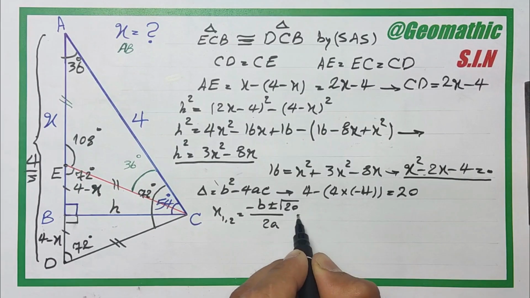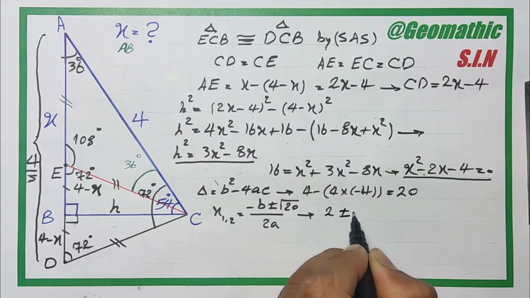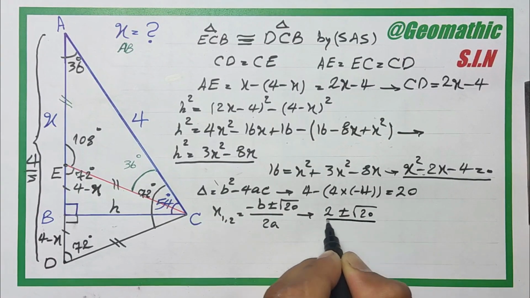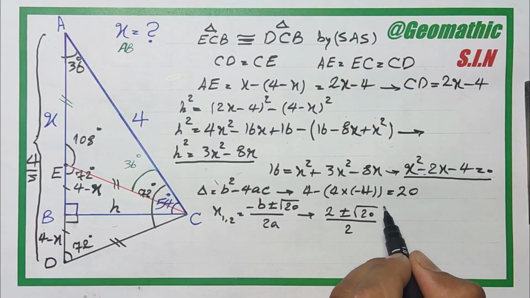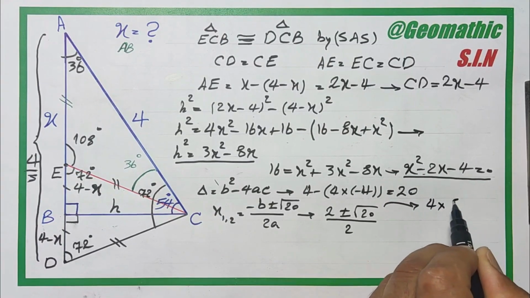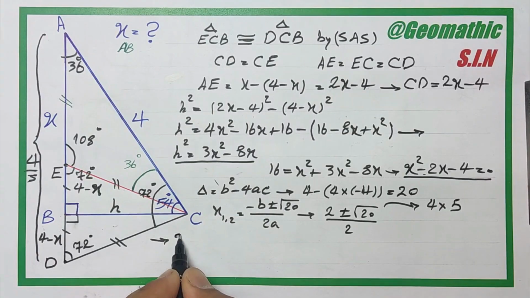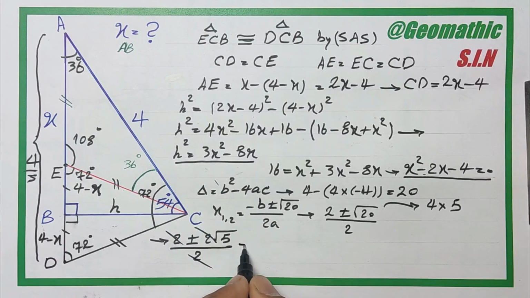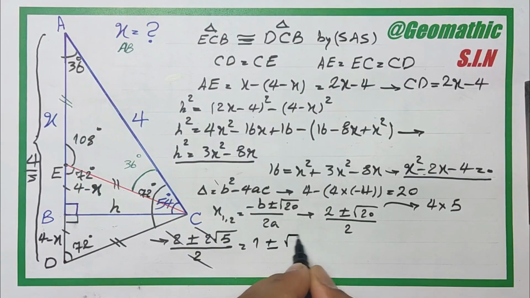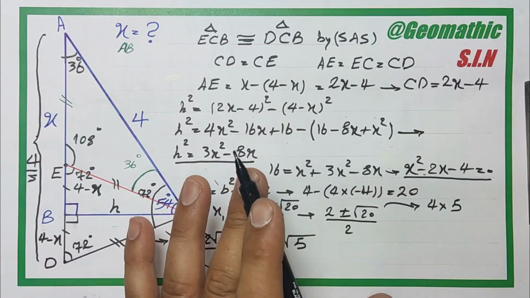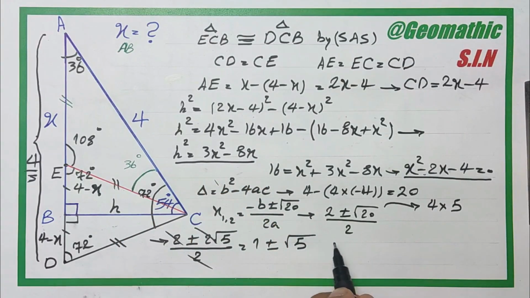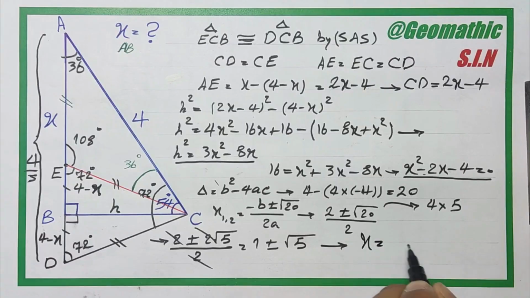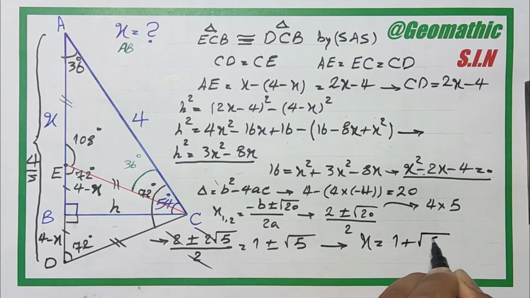A here is 1, then we have 2 plus or minus the square root of 20 over 2. You can split 20 as 4 times 5. Then we have 2 plus or minus 2 times the square root of 5, over 2. And 2's cancel out. And finally we have 1 plus or minus the square root of 5. Length cannot be negative, so the positive one is our answer. X equals 1 plus the square root of 5.